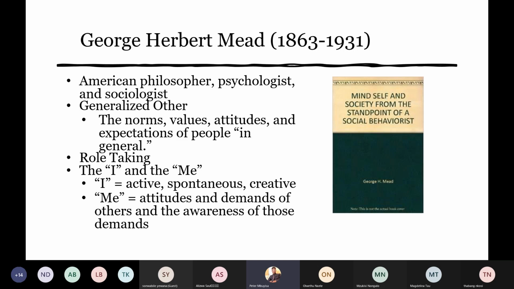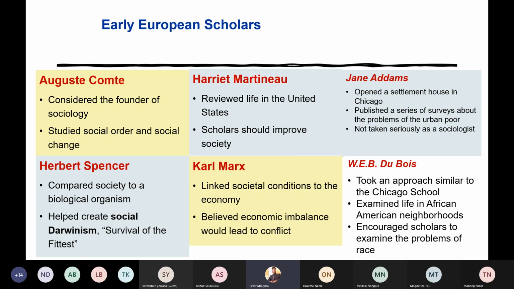So those are the people, guys. This is a summary of the people we are looking at: August Comte, Harriet Martineau, Jane Addams, Herbert Spencer, Karl Marx, W.E.B. Du Bois. All of them are categorized as early European sociological scholars to study in sociology.